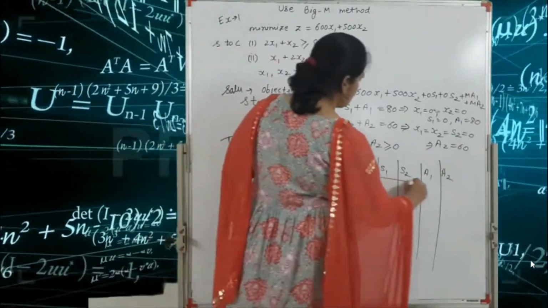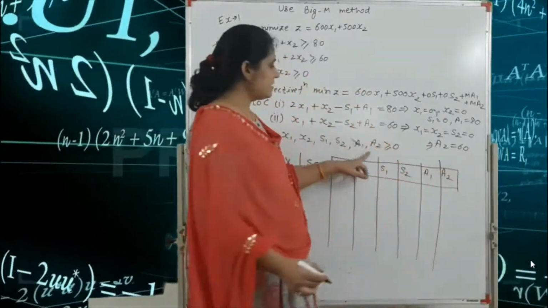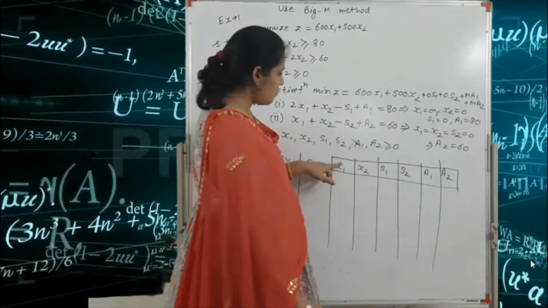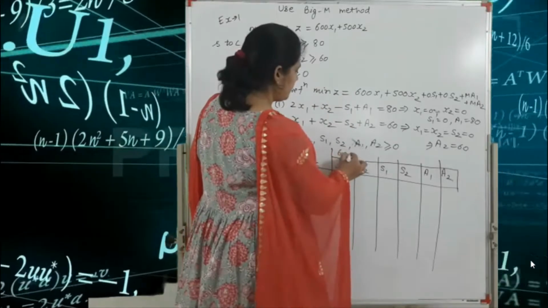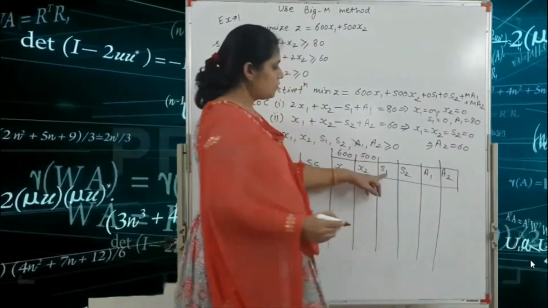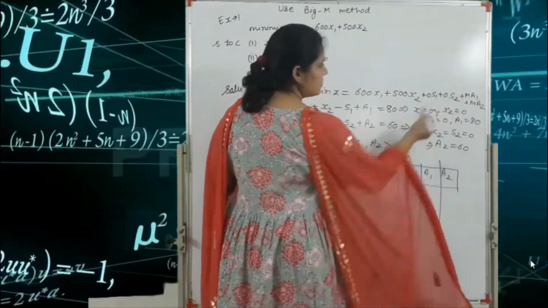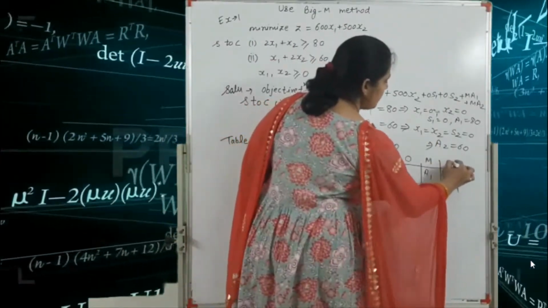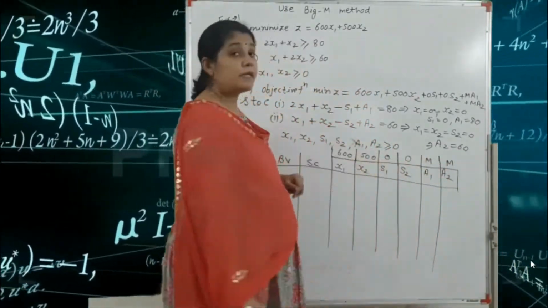According to this table, we write the coefficients with the help of the objective function. The coefficient of x1 is 600. The coefficient of x2 is 500. The coefficient of s1 is 0, the coefficient of s2 is 0, the coefficient of a1 is plus M and the coefficient of a2 is plus M, because the question is given in the minimization format.